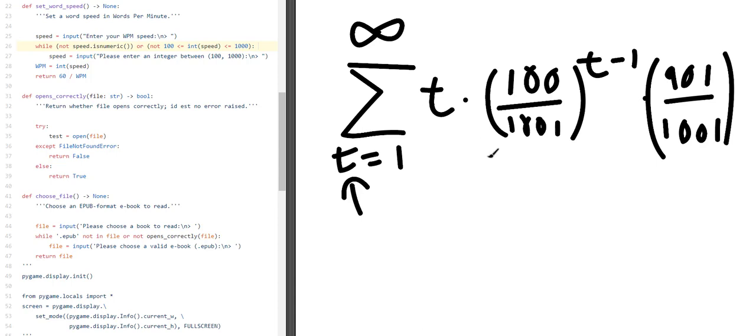So this is pretty much set in stone, and we can manipulate this in some ways.